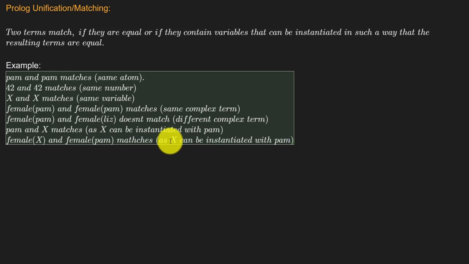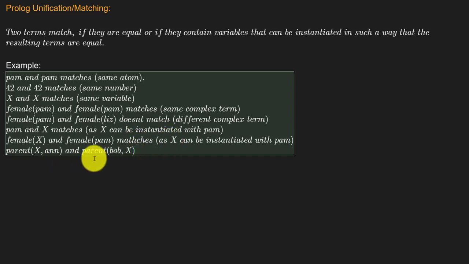Okay, now let me give a final example. Let's say parent, another fact we have defined before, right? So parent X comma N, this is one of the complex terms, and let's say there is another complex term, parent Bob comma X. Now think about this one, will these two match? They don't, for the same reason.